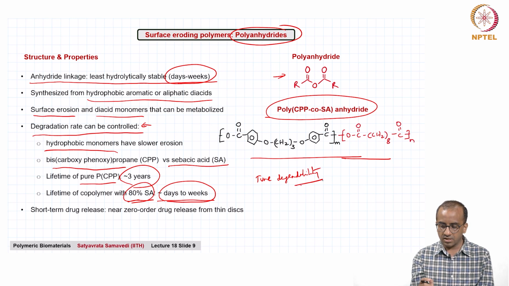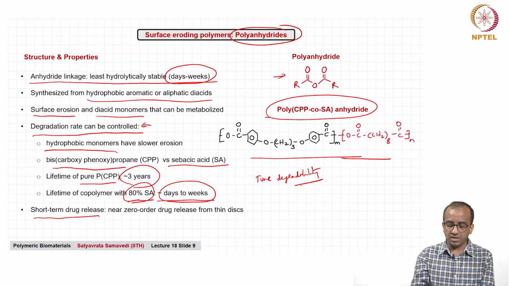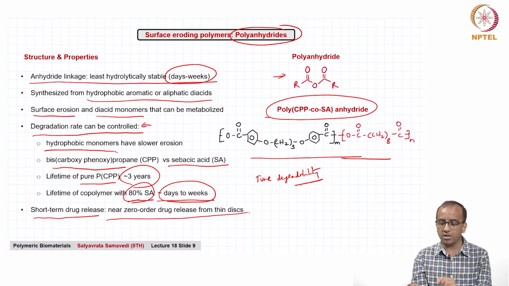Why is this important? It is important because these can be used in controlled release applications. Short term drug release, where you can achieve near zero order drug release from thin discs made out of this polymer, can help in many applications.